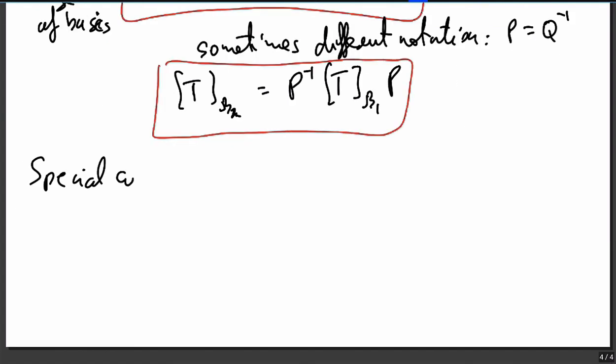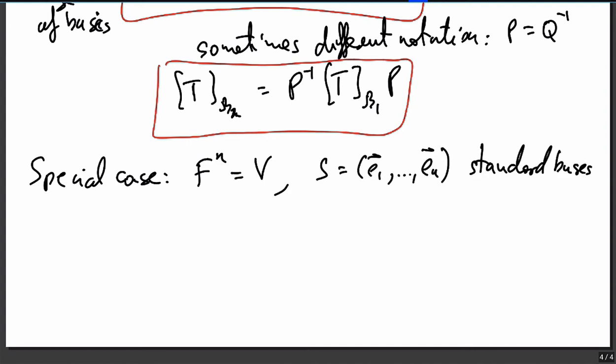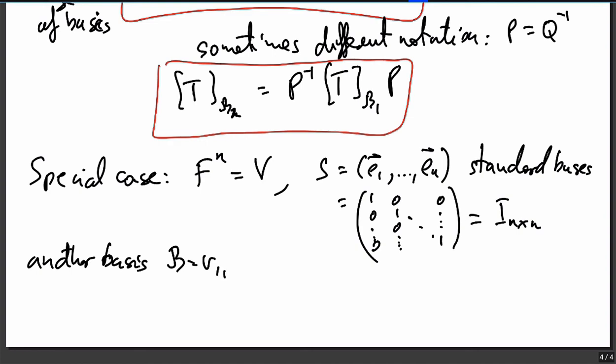So a special case is when one of the bases is a standard basis, and also when we have vector space V, which is F^n, the n vectors of the scalar field. So if you have S, E1 through En, the standard basis, which means that you have 1, 0, 0, then 0, 1, 0, and so on. If you collect these together, you actually get the n by n identity matrix. And another basis, B, with V1 through Vn.